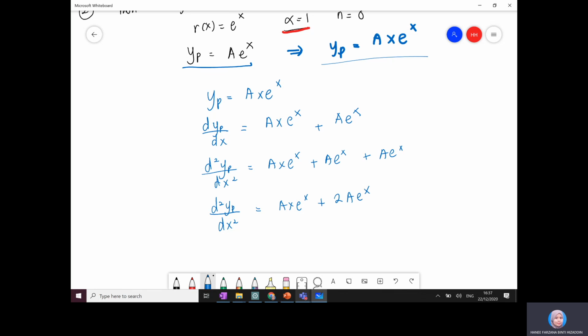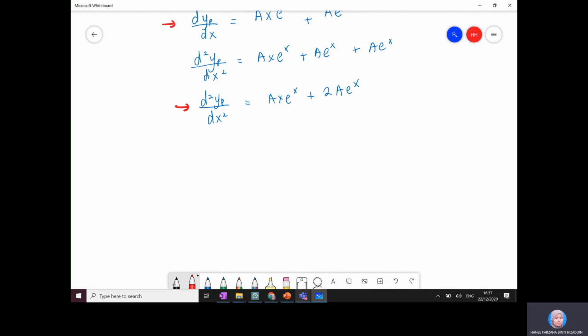Okay, so what's next is that we put these into the original ODE. The ODE given to us is d2y/dx squared minus 3 times dy/dx plus 2y equals e^x.